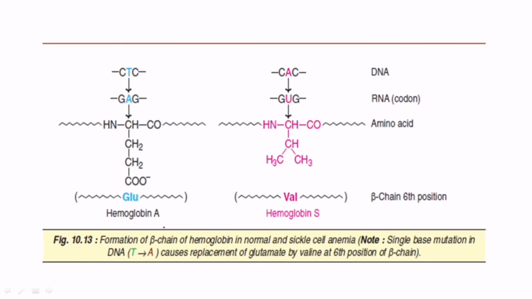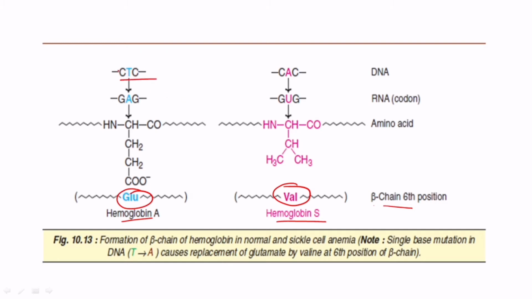Okay, so when I talk about the exact site of mutation, as you can see here, this is hemoglobin A and this is hemoglobin S. In hemoglobin A, there's a glutamic acid at the sixth position of the beta chain, but it is replaced by valine in hemoglobin S. What is exactly responsible for this change is this nucleotide.